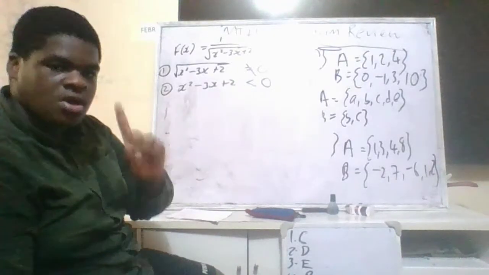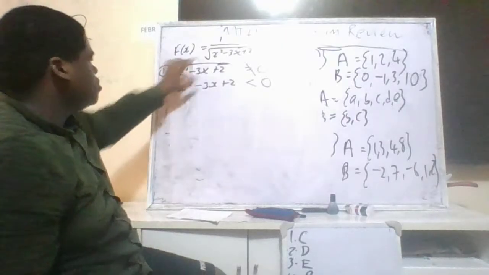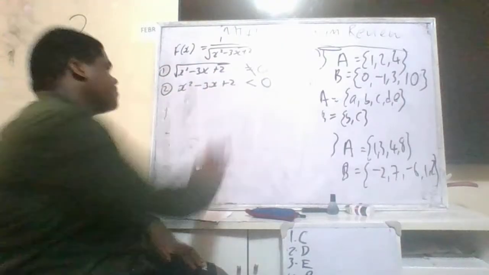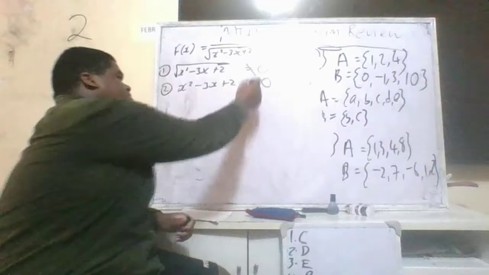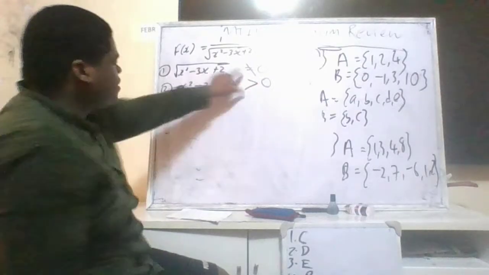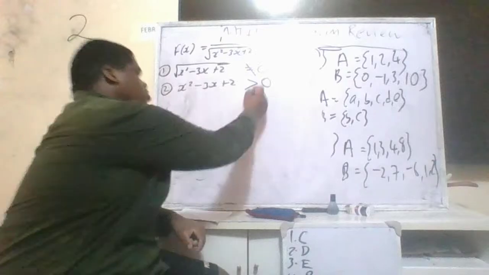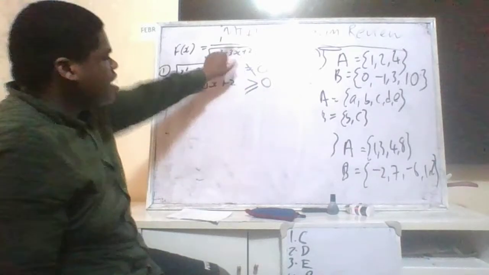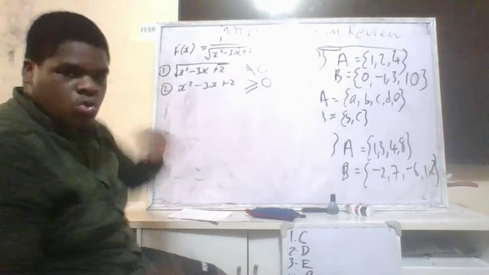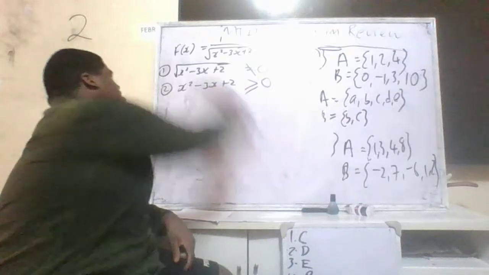So first of all, this should be greater than 0. This should be greater than or equal to 0, and this should not equal 0. So we can clean things up.